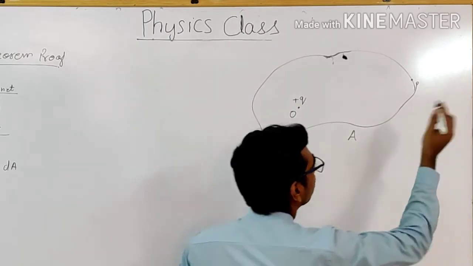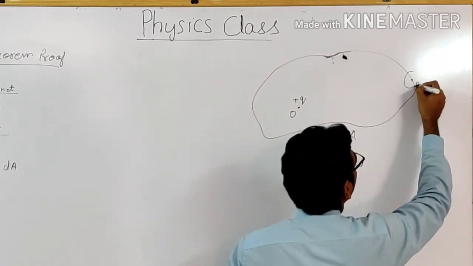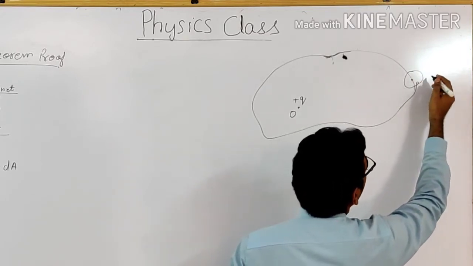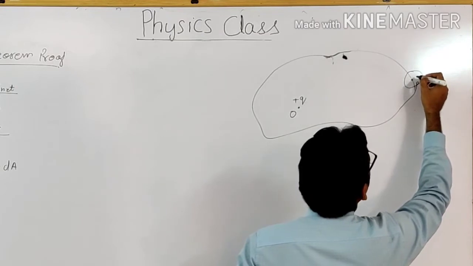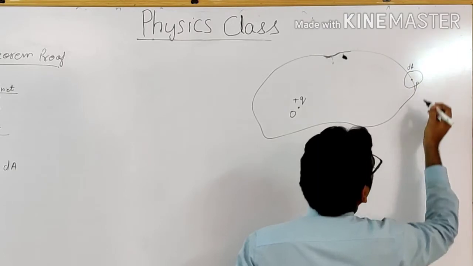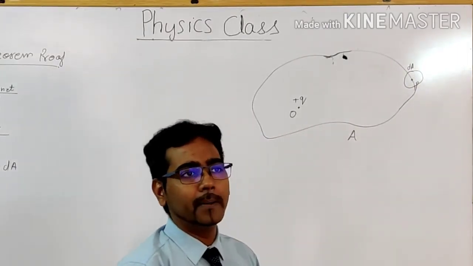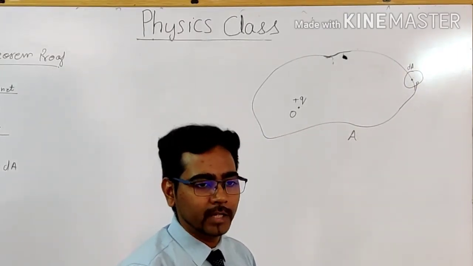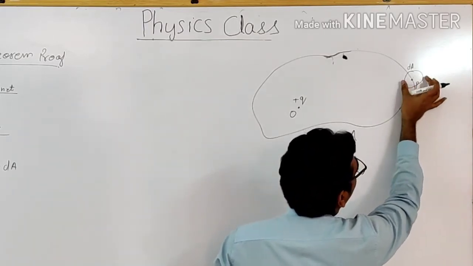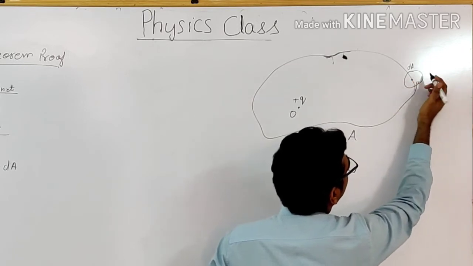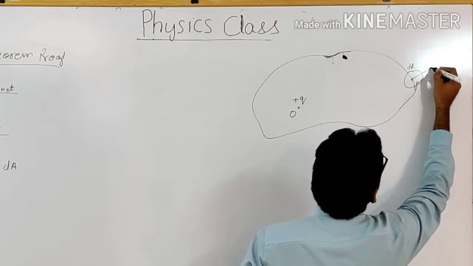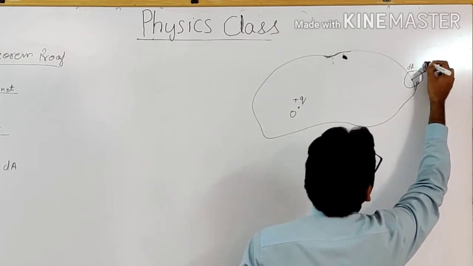So let us take a small area surrounding this point P. Let the area of this small area be dA. Since any area can be represented by a vector area, we'll take a vector which is perpendicular to this small surface, and this is the dA vector.